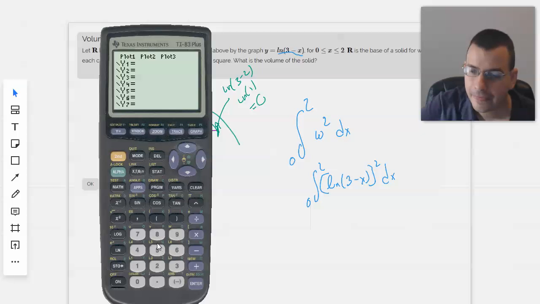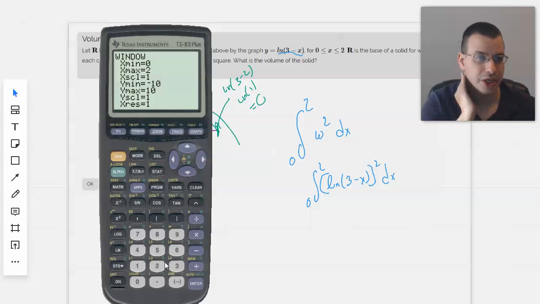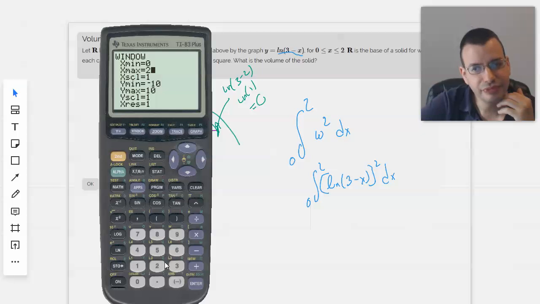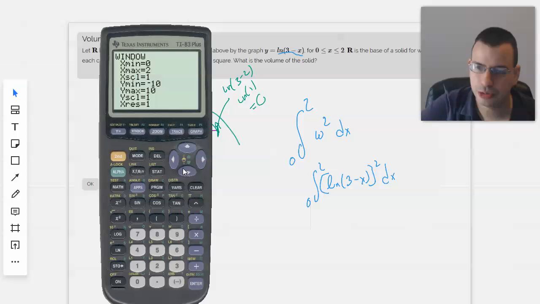Okay. So we'll do natural log, a parenthesis, ln, 3 minus x, another parenthesis, and a square. And our window will be from 0 to 2, because once we get past 2, then we start taking natural log of values less than 1, and I don't want to do too much of that.